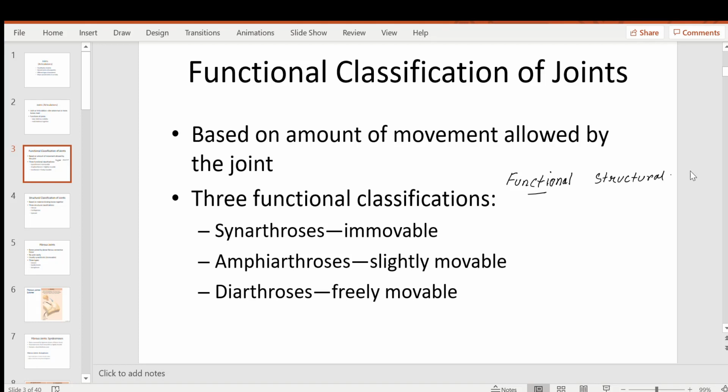Functional classification includes three groups or types: synarthrosis, amphiarthrosis, and diarthrosis.